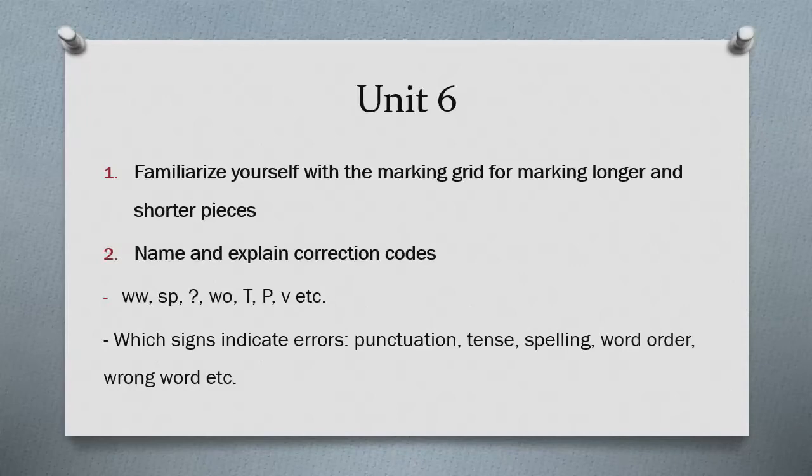If you are marking a letter, for example, and the spelling of the word is not correct, you use SP to indicate that this is a spelling error. Please familiarize yourself with the correction codes, the signs that indicate the errors of punctuation, tense, spelling, word order, or wrong words used by the learners.